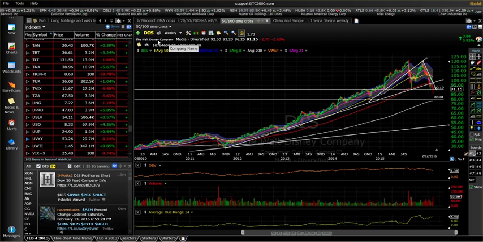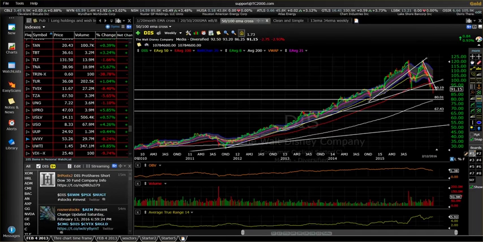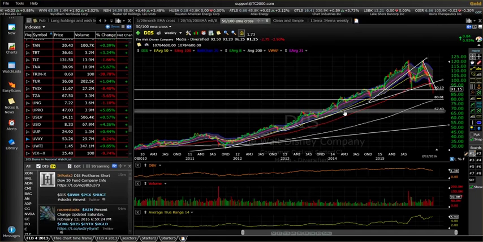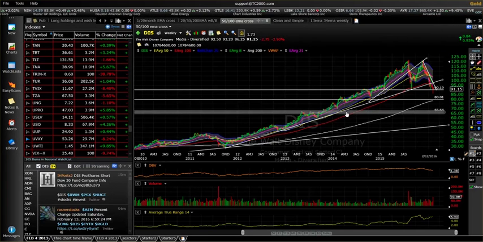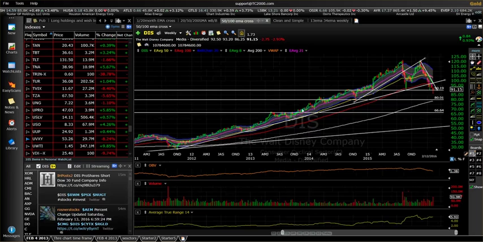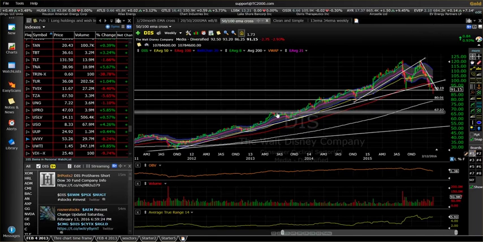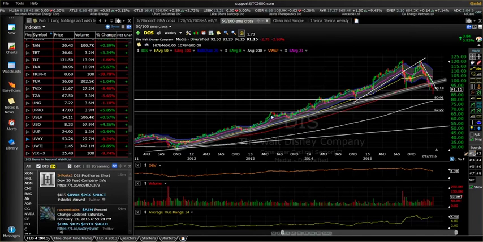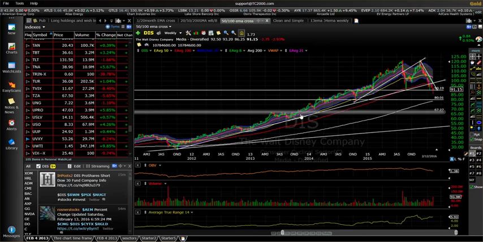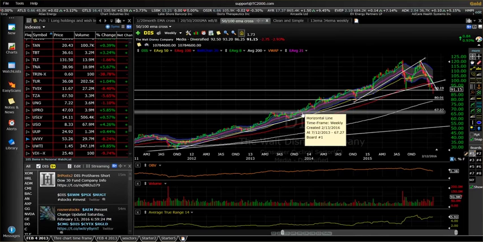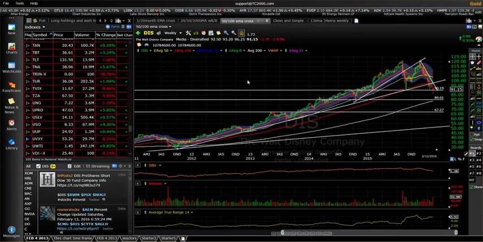That's concerning if you're thinking about taking it for a long-term investment. If it breaks below 80, where is our next area of significant support? I would suggest that it's somewhere right around here in this 67 area. We see how it consolidated here, took a while to try and break through. Once it broke through, it acted as support.